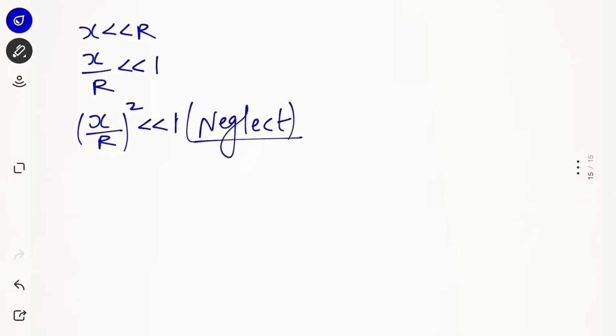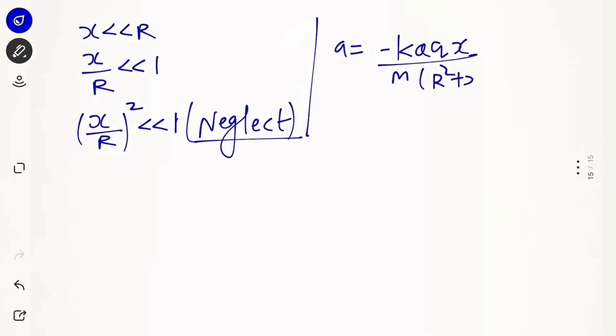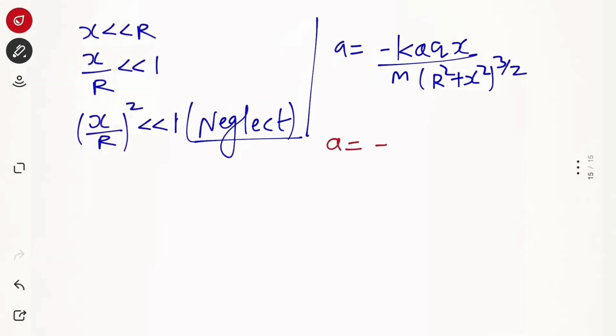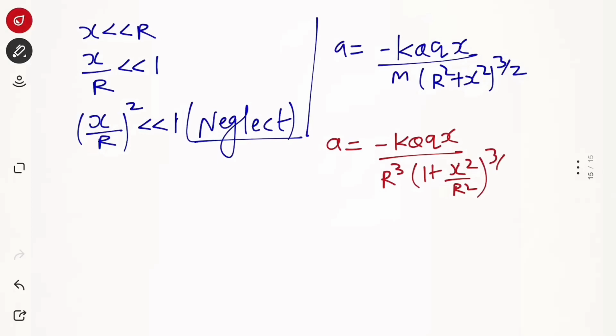So the acceleration we got from the previous slide was given by minus kQq x divided by m into (r square plus x square) power 3 by 2. Here I'm going to take r outside. So the acceleration will become minus kQq x divided by, taking r square outside, r cube, and inside the bracket I'll have 1 plus x square by r square, and the whole power of 3 by 2.